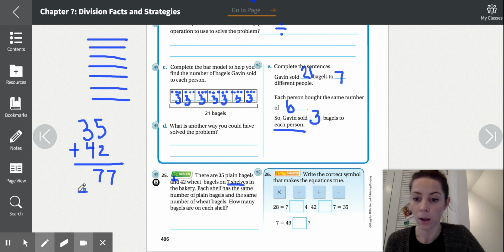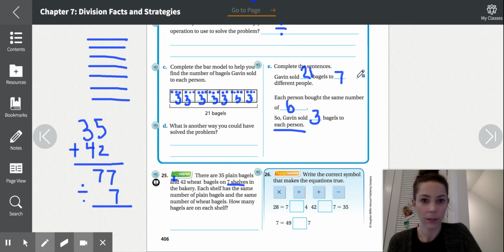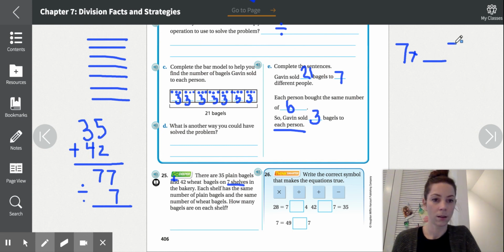Okay, I could also think of 77 divided by 7. What is the multiplication fact that you'd multiply? 7 times what equals 77?